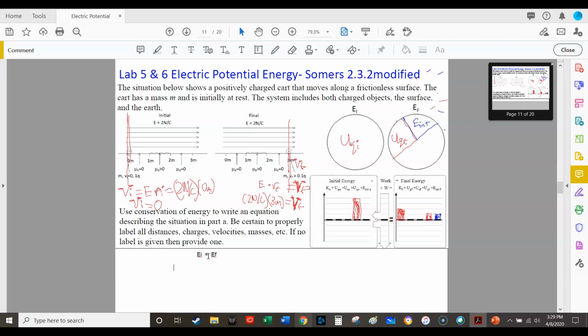And let's go ahead and start off. This is a 1Q object, so it's a positive 1Q object times V initial.